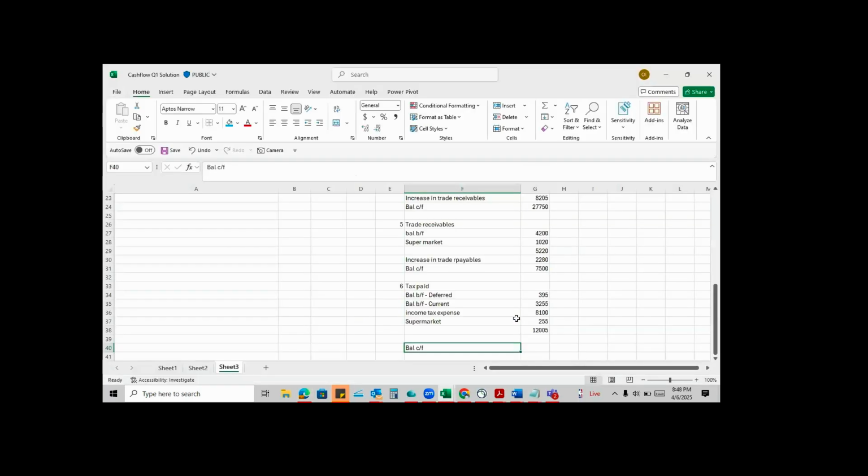So I can say open bracket 6,930 plus 450. Now how much is that? 6,930 plus 450. That should give us how much?